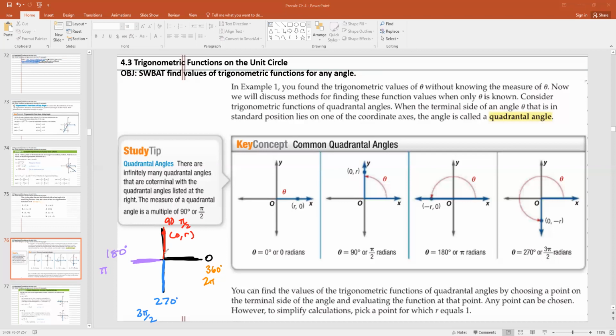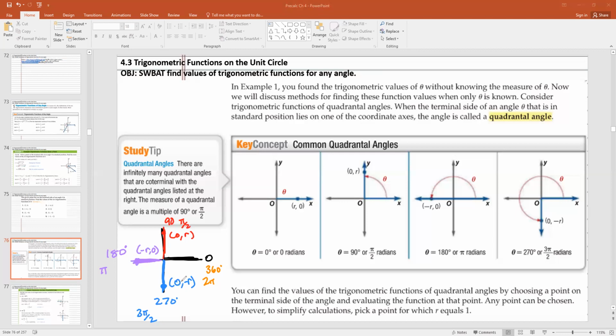So 0, comma, r. If you have a point on the 180 on the x-axis, the left side of the x-axis, that's going to be negative r, comma, 0. And if you have a point on the bottom half of the y-axis, that's going to be 0, because you don't go right or left any, and then down r, so negative r.